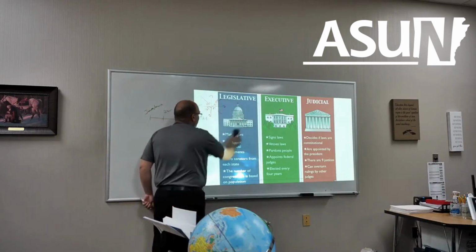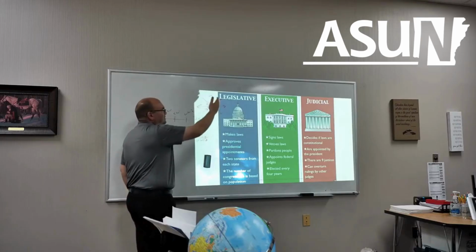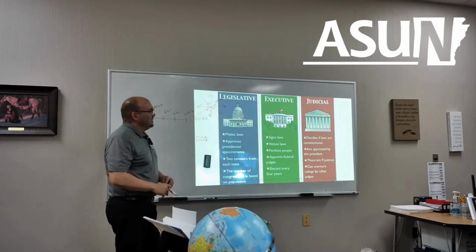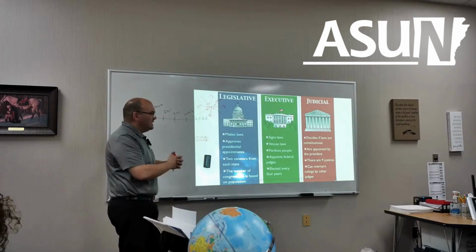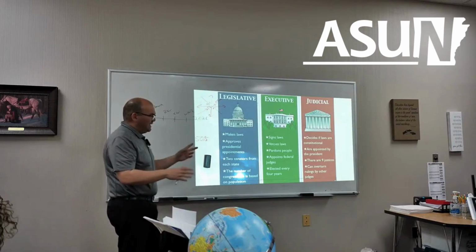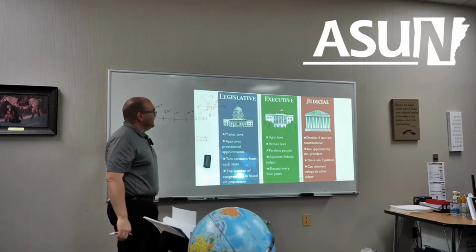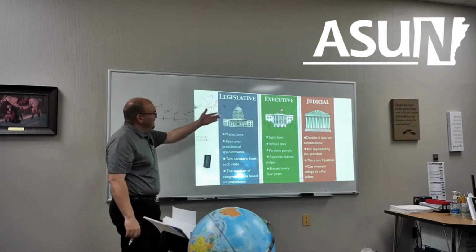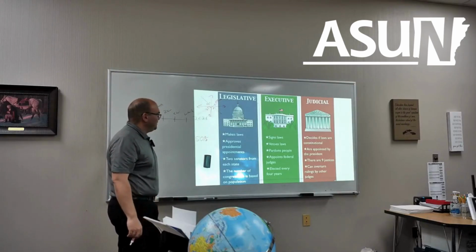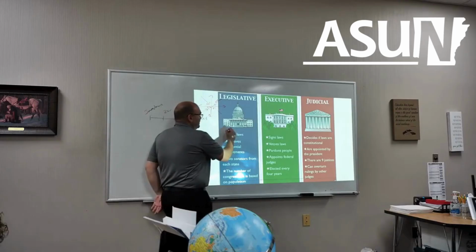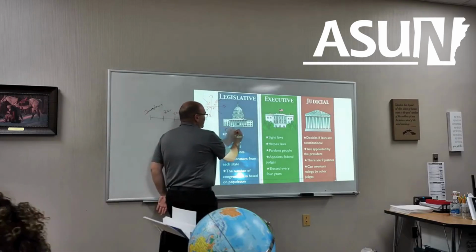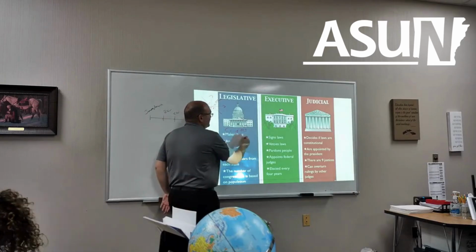So just like we said, power has to be spread out. So they're like, okay, instead of it being in a king, instead of it being in one place, we're going to spread this power out into 3 places: the legislative, executive, and judicial branch. All right. This is the U.S. Congress. They're the ones that run the legislative.